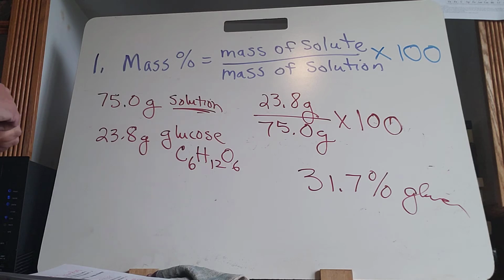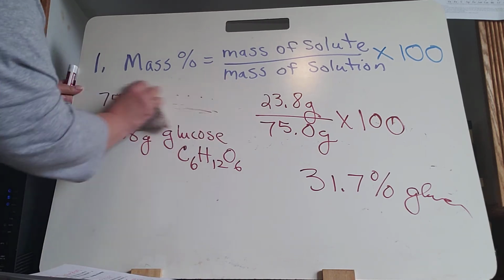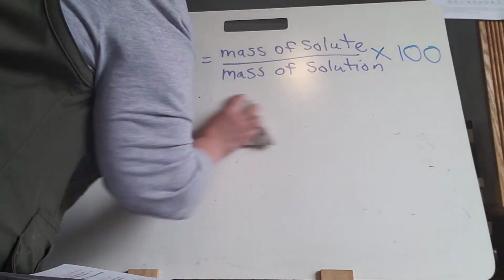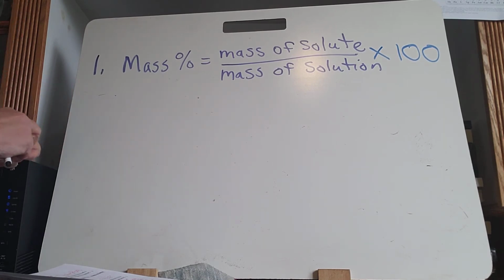All right, number 4 is going to get a little trickier. Number 4 says vinegar is a solution of acetic acid in water, and typically contains 5% acetic acid by mass.